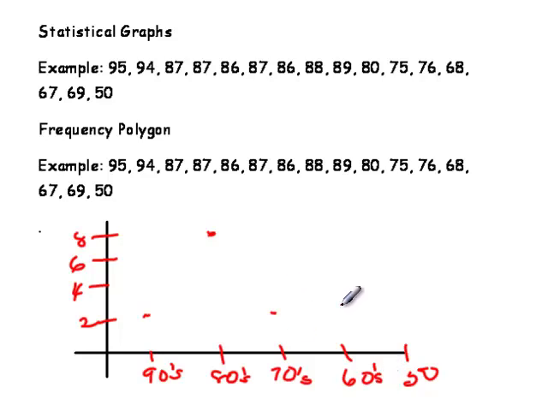It's a little bit higher, but not 4. And the number in the 50s is 1. And then we connect the dots. A polygon frequency chart. So these are 4 ways we can look at data using a statistical graph.